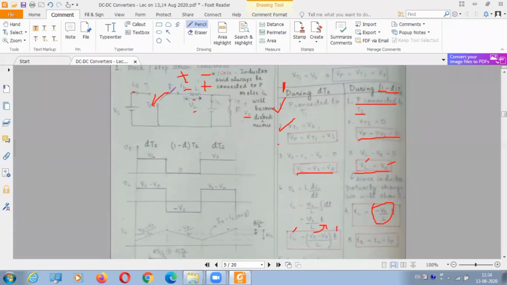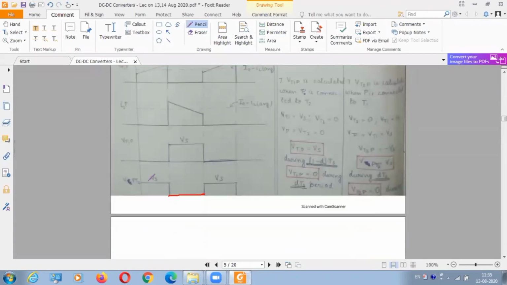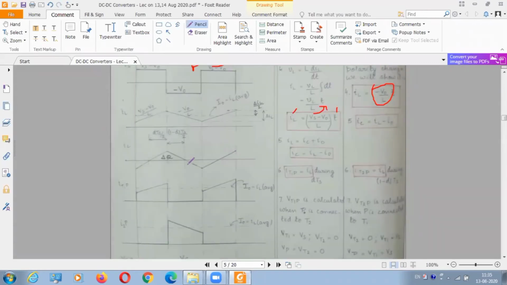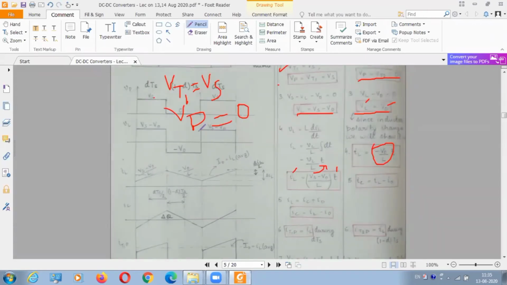Next, PT1. Now T1 is connected to Vs. Vt1 is equal to Vs. P and T2 are short circuited, Vp is equal to Vt2 is equal to 0. So Vp is equal to 0 in this case. So what I am plotting over here is Vt1p. What is Vt1p?